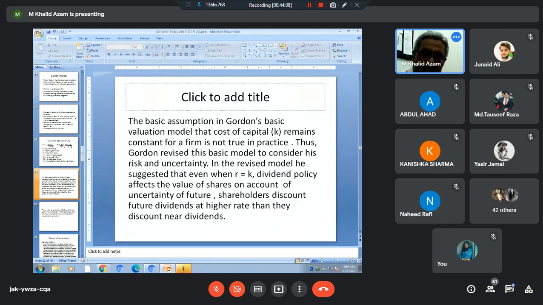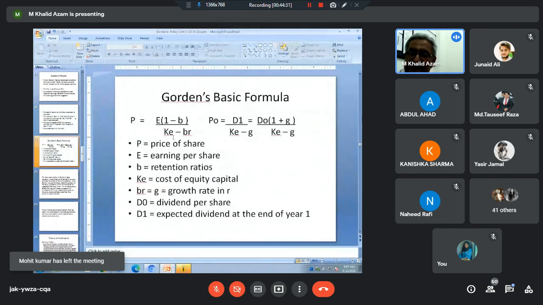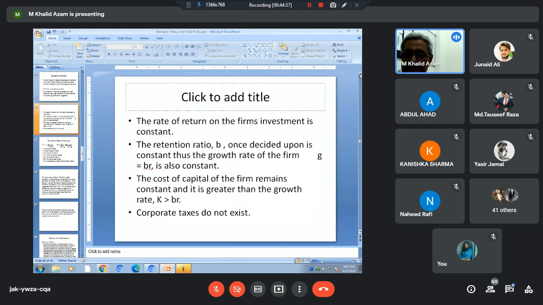Now see here, the assumptions and the figures we considered in case of Walter, for example, earning per share value is 10. Rate of return for the growth firm, 15%. Cost of capital, 10%, which we have assumed there. Based on that, using this particular formula for different types of ratios, he has proved the same thing we are finding here.